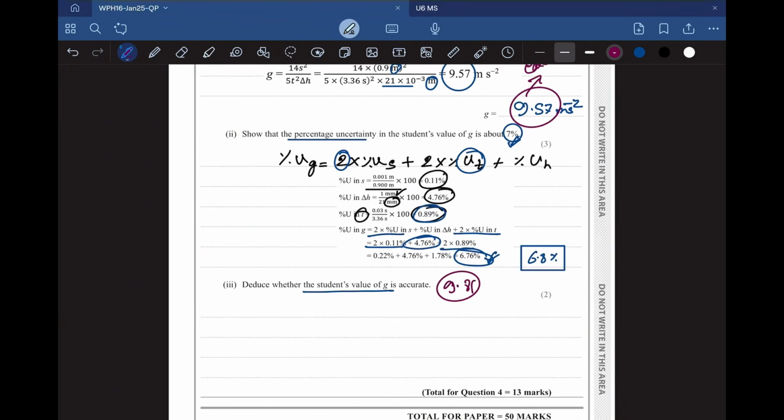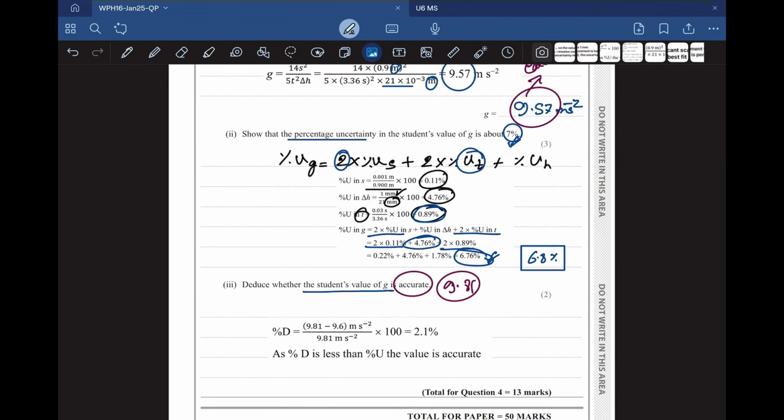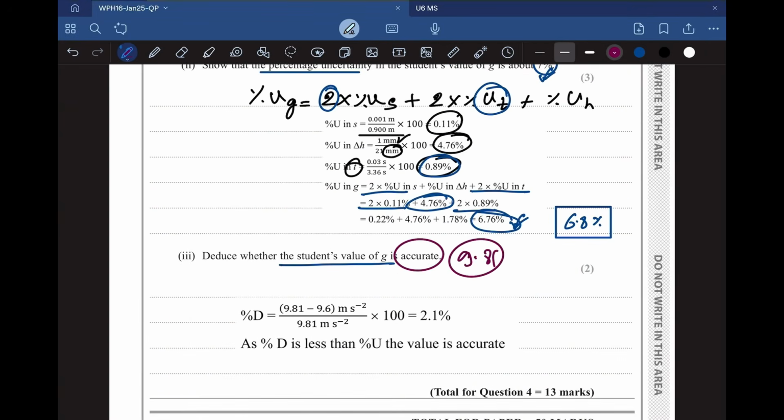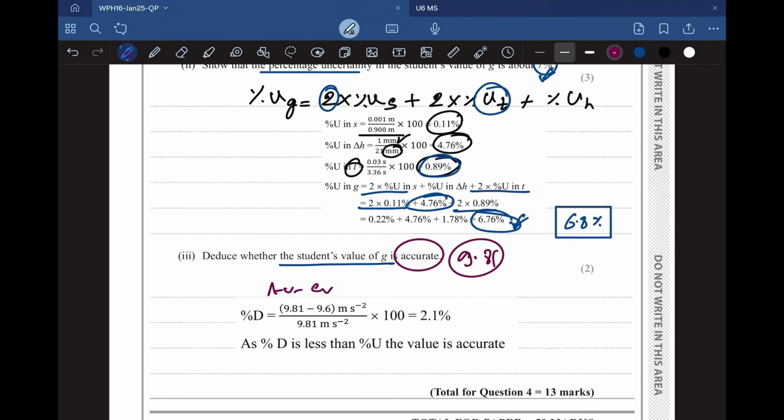To figure out whether it is accurate or not, we will have to use the formula of percentage difference, which is actual value minus calculated value divided by actual value, into 100%. We have got that it is 2.1%, which is less than the percentage uncertainty value that we have figured out for G. So that's why we can say it is accurate.